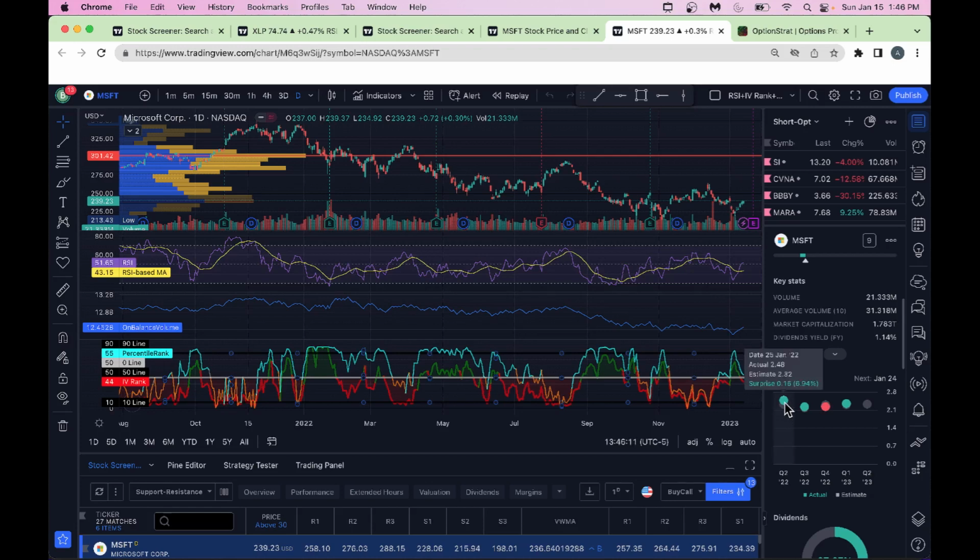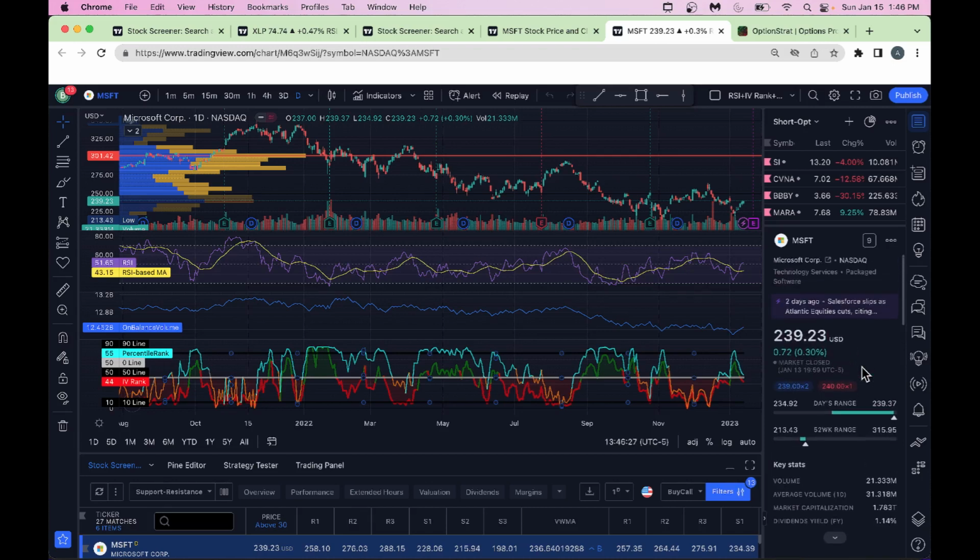Now with all these things going on in the market, we don't know how Microsoft will behave. So at this time, because Microsoft is down big time, you could buy, but understand, Microsoft has got earnings here. You're buying before earnings, so you've got to be slightly careful. If you want to buy, you could buy sooner, or you could wait for the earnings to be done and buy later.